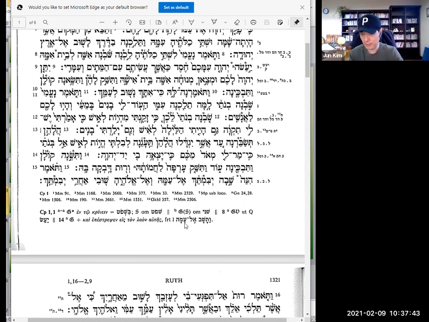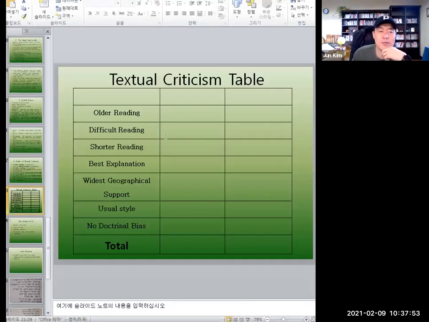You can perhaps give the support to Septuagint. But apart from Septuagint, for the difficult reading, I can say that maybe PHS is much more difficult, because you can see that Septuagint explains and tries to give us further information. So it makes better sense.